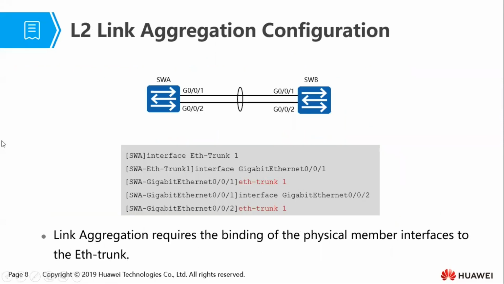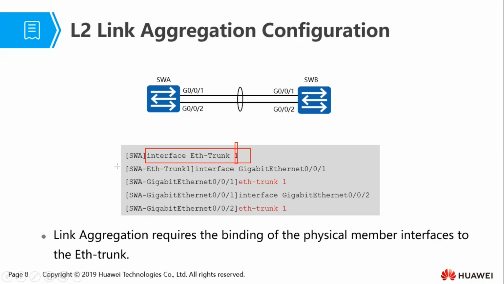Okay. So let's see, how do we configure link aggregation? On system view, we enter the command interface eth-trunk, then the ID.